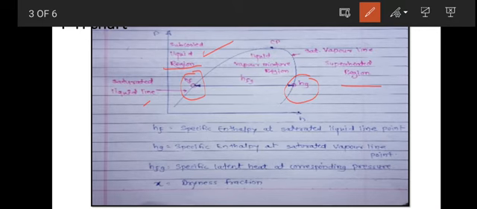So in the chart we have the first region, the subcooled region, then the saturated liquid line, then the liquid-vapor mixture, and then the superheated region. The liquid-vapor mixture and the superheated region are divided by the saturated vapor line.